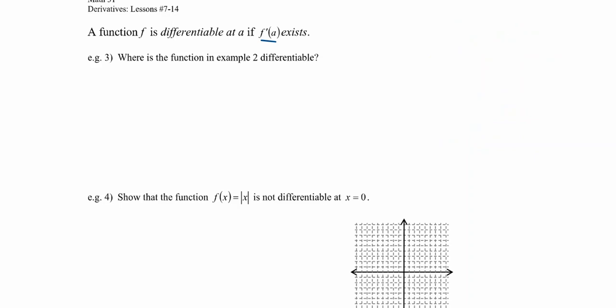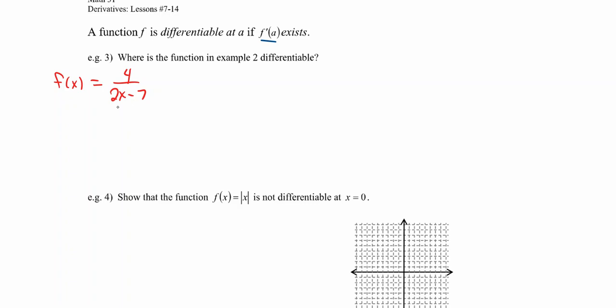Okay, where is the function in example 2 differentiable? The function in example 2 was f of x equals 4 over 2x minus 7 from the last one. So where is it not differentiable? You can look at the restrictions on the original too.